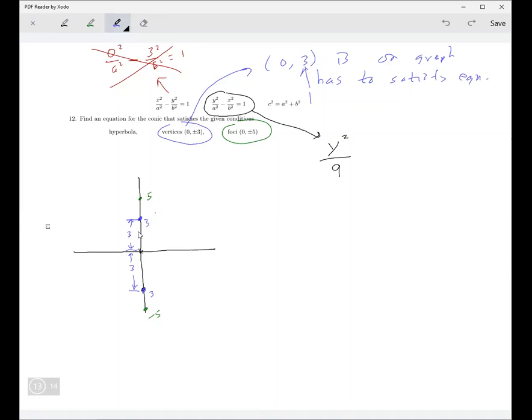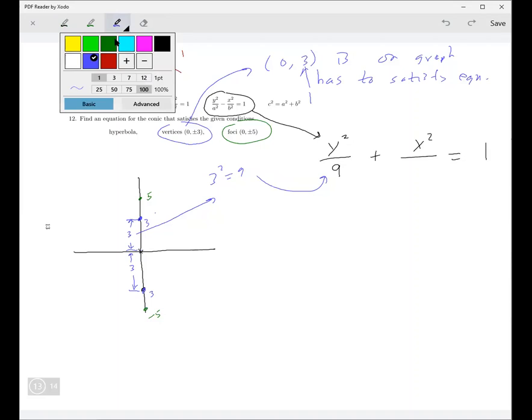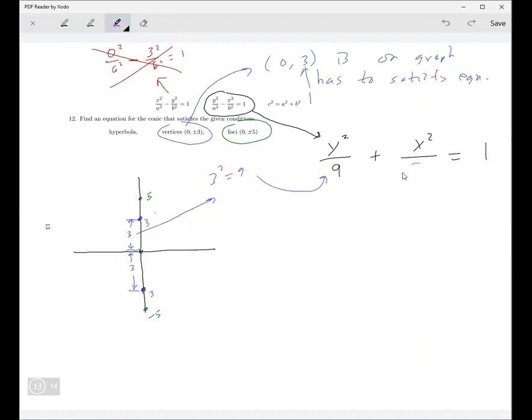And then 3 squared is 9, which goes right here. And since it's in the vertical direction, it's under the y. Okay, and then we have x squared over something equals 1. And this something comes from here again.